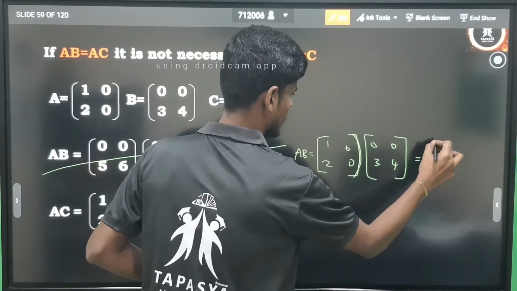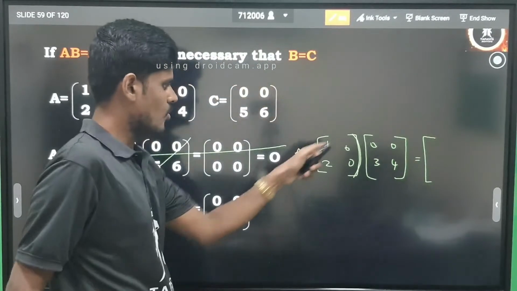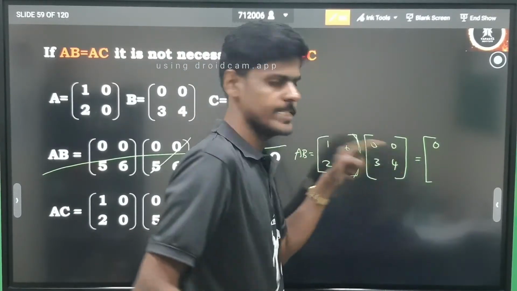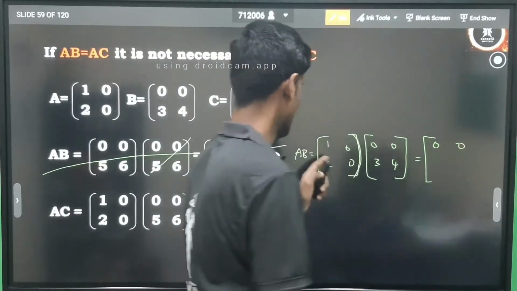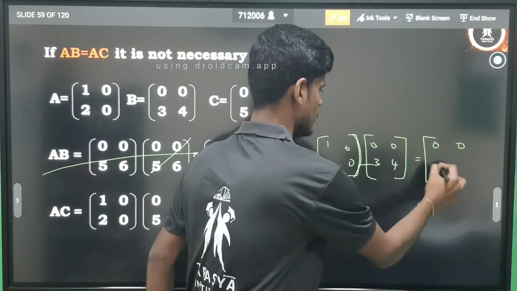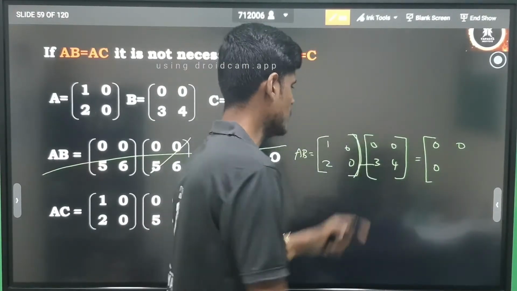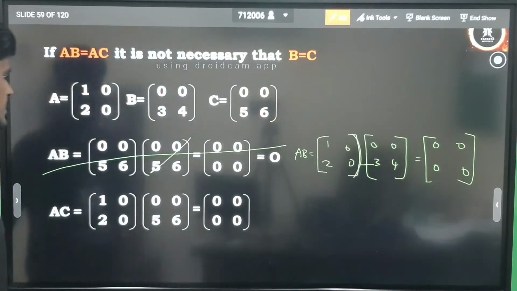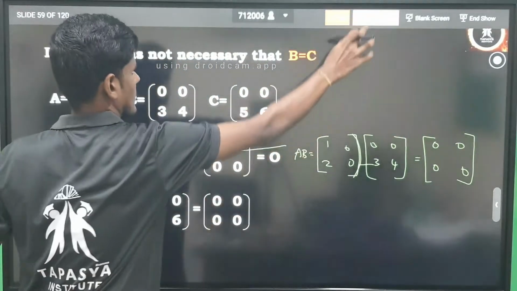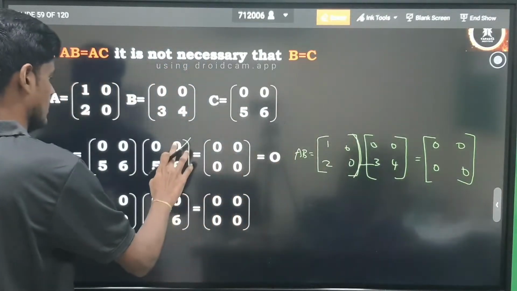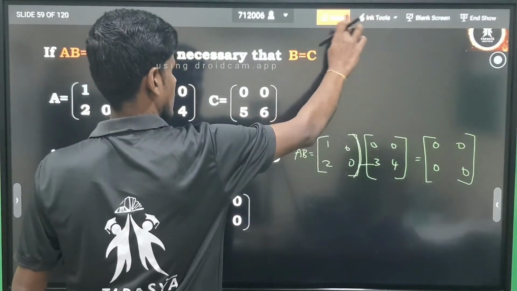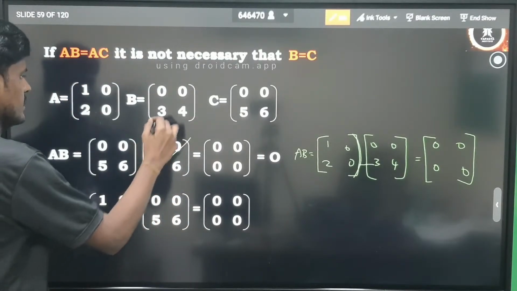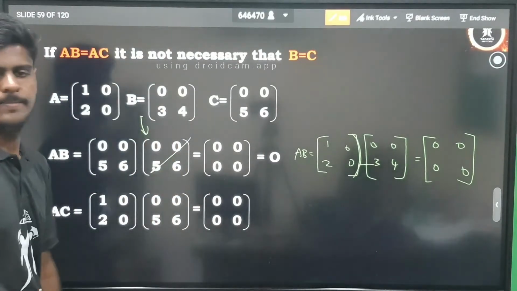Now what is the product of these two matrices? 1 into 0 is 0 plus 0 is 0, 0 plus 0 is 0, 0 plus 0 is 0 and 0 plus 0 is 0. So AB is 0 matrix. Here this matrix is given wrongly. Instead of this matrix we should write B matrix. This matrix should be there here.